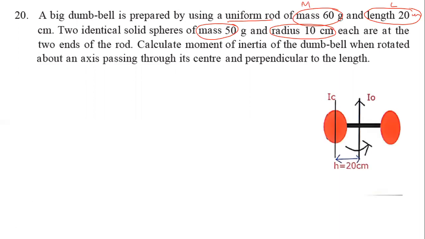Now let me draw a diagram. You can see this rod whose length is 20 centimeter. So this length is 10 centimeter and this length is 10 centimeter. Okay, this axis is passing through the center of the rod.